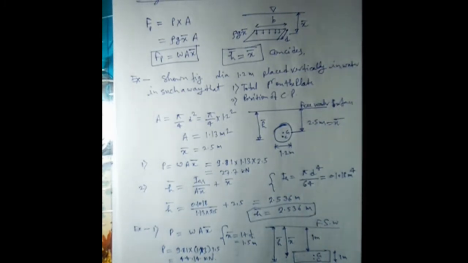Putting the value in this equation, h bar is equal to 0.25 upon A x bar, area is 3 into x bar 1.5, plus 1.5. Solve the above, therefore h bar is equal to 1.556 meter. Simple example. Similarly, we can take a triangular section, a trapezoidal section, many types of sections are selected.